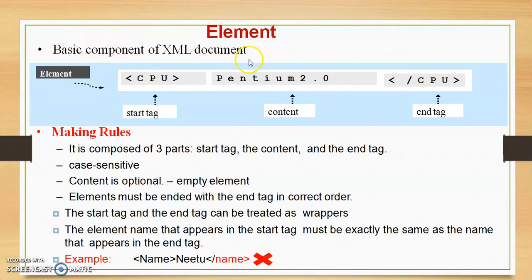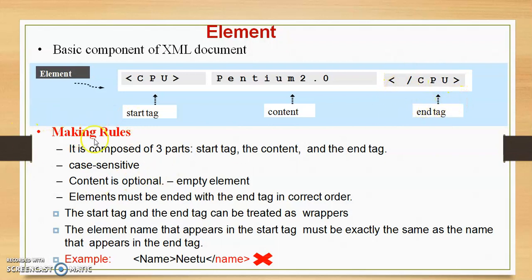The basic component of XML documents is the element. It comprises a start tag followed by the content followed by the end tag. The end tag should have the backslash followed by the start tag.